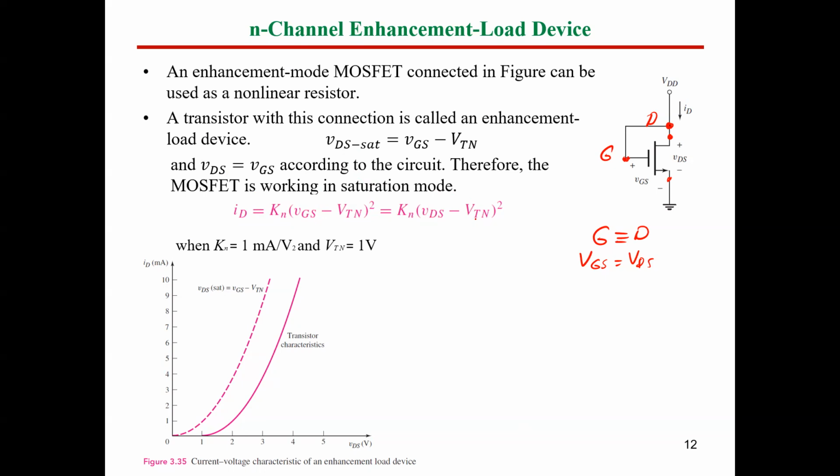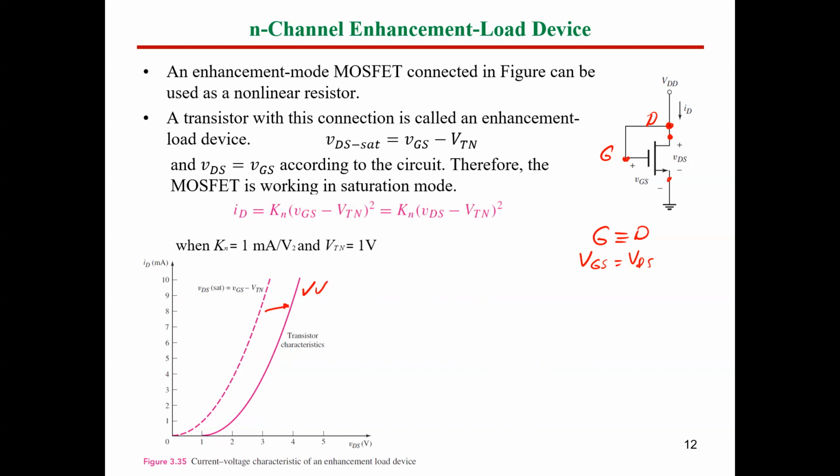Because you know the saturation is already VGS minus VTN, and in this case VGS equals VDS. So the curve would be shifted by this value. This would be the new characteristic for our MOSFET, which can be represented as a resistor characteristic. So this is the driver characteristic now.